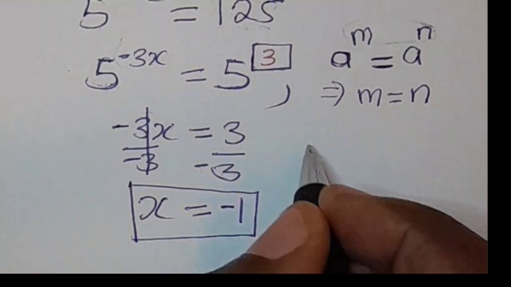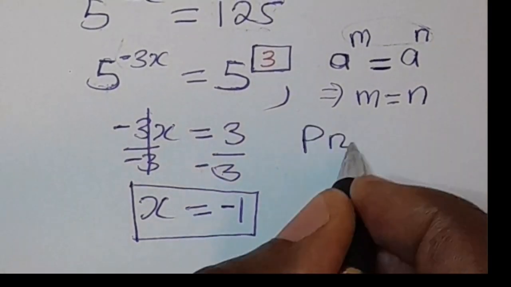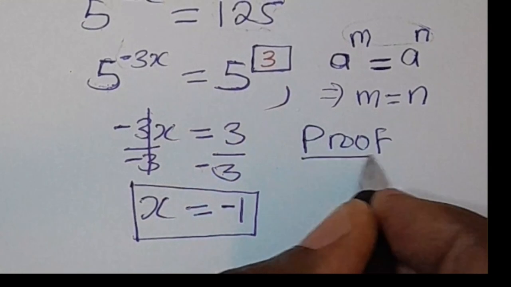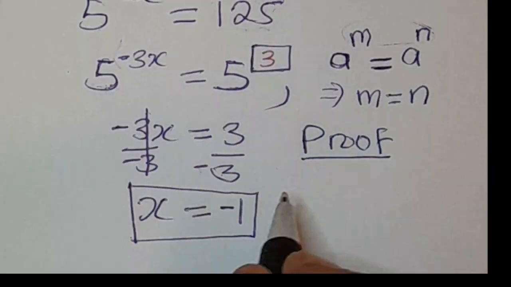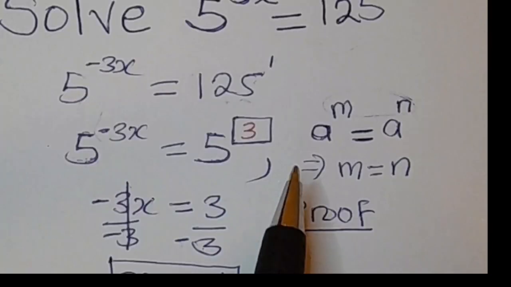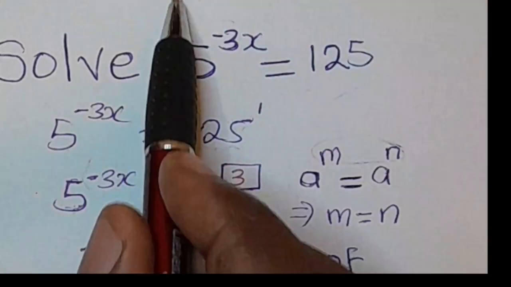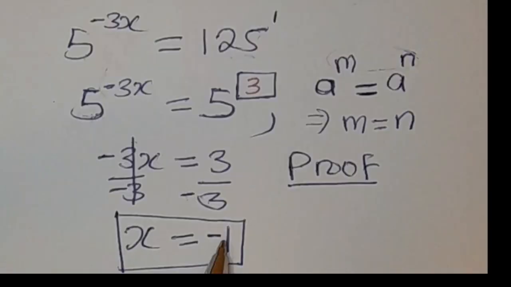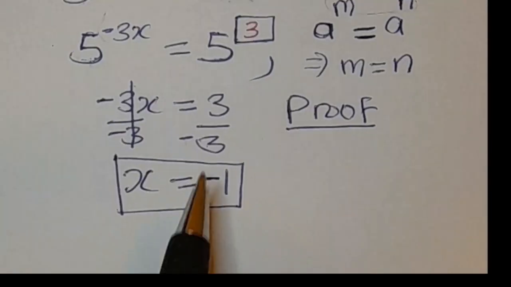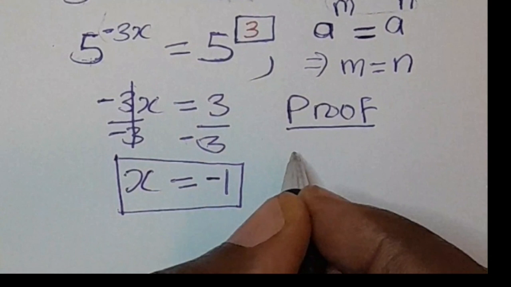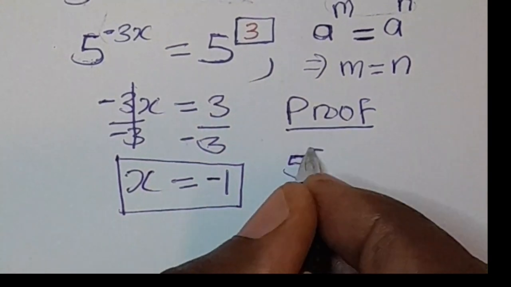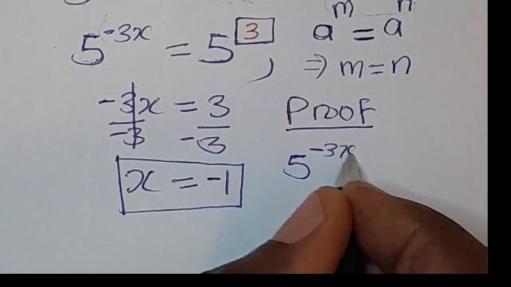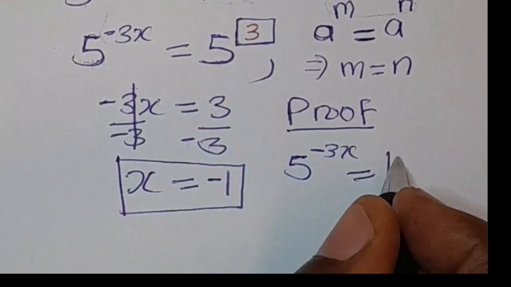You can actually prove it. Remember, in the first place, we have this equation. Where there is x, we are going to put the value of x that we found. So the initial equation is 5 to the power negative 3x, which should give 125.